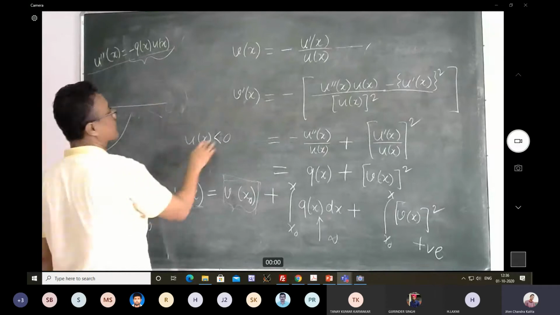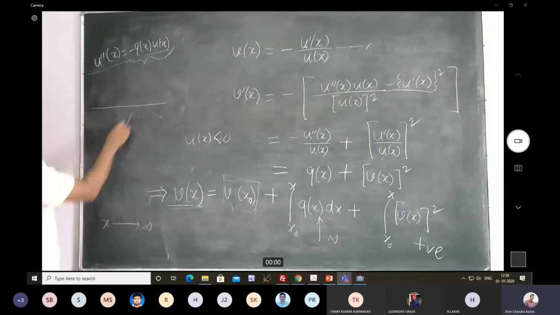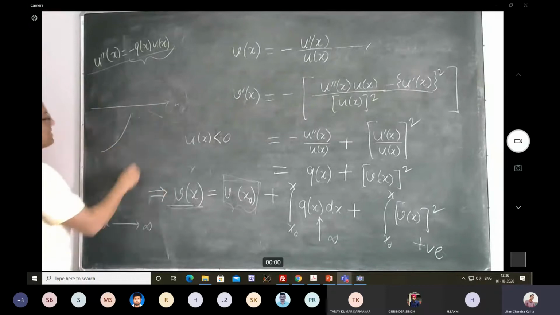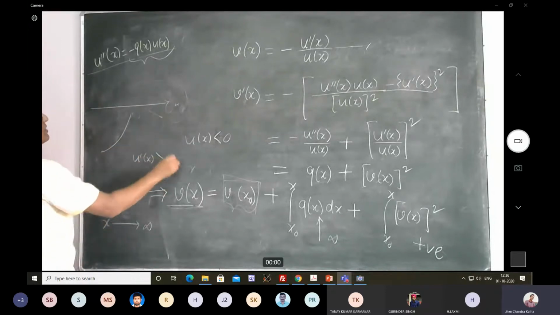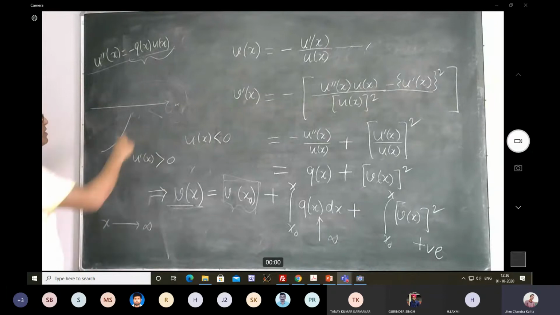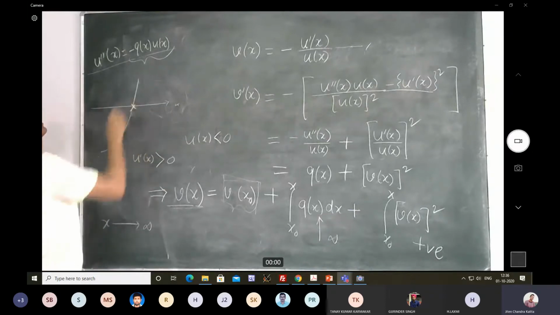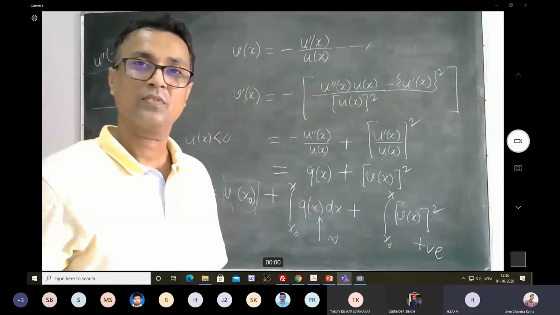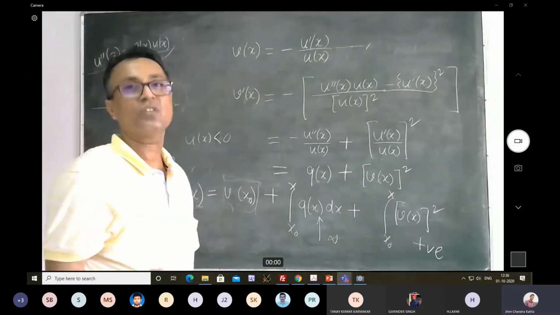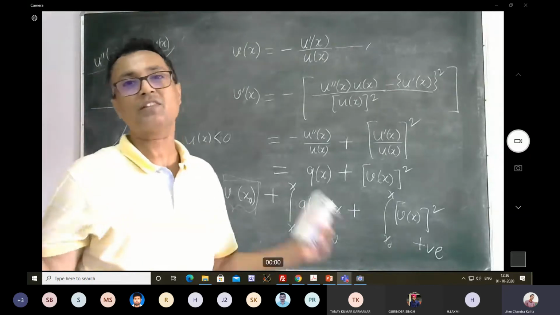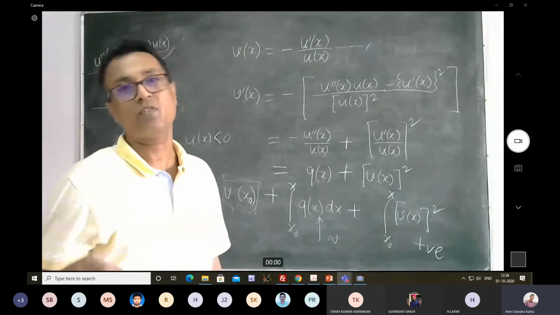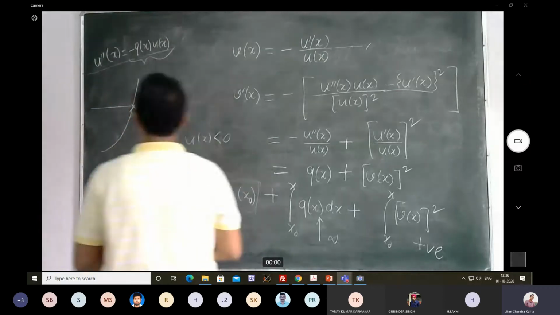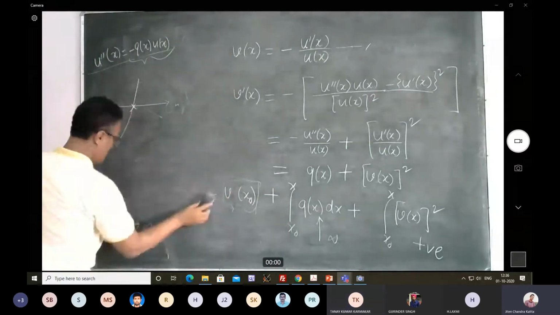Because I assumed u(x) less than 0, I start with a solution curve below the x-axis. Then I prove that u'(x) is greater than 0, so the function is monotonically increasing and crosses the x-axis somewhere. So either way, it works. You don't necessarily have to assume u(x) is positive above the x-axis.